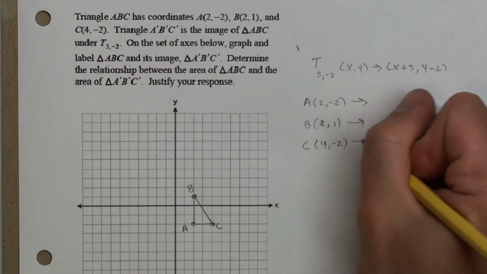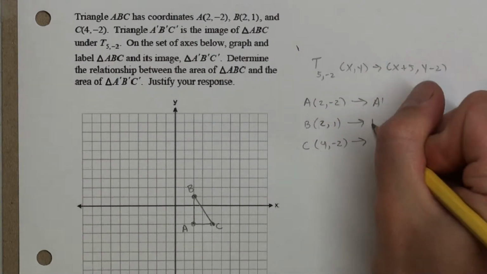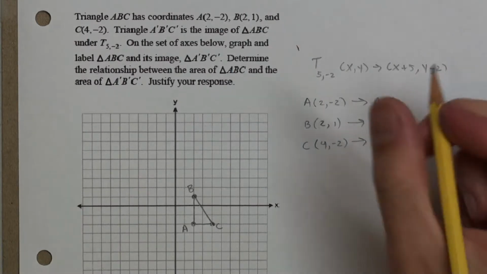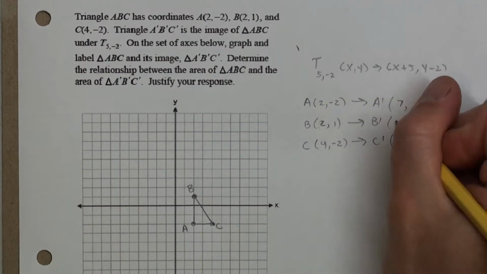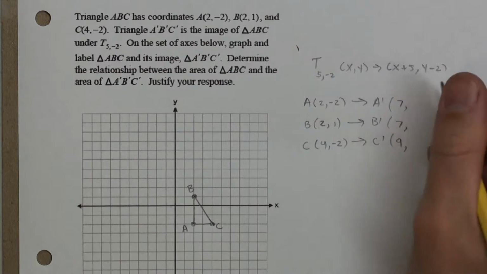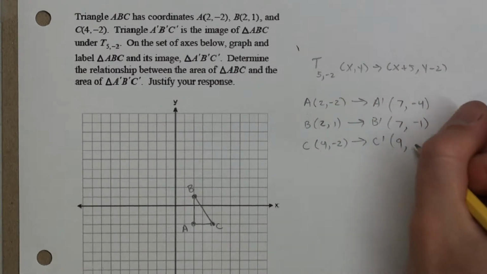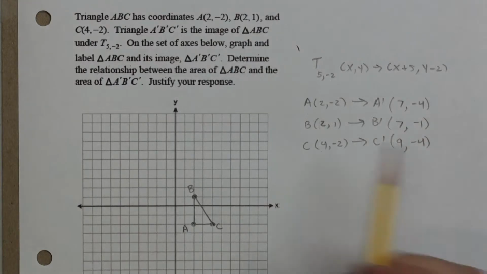and I perform this translation on it, I would get the following. Add 5 to the x's: 7, 7, 9. Subtract 2 from the y's: -4, -1, -4.